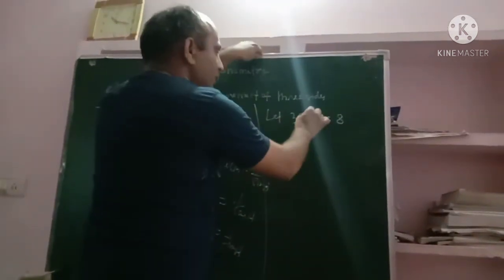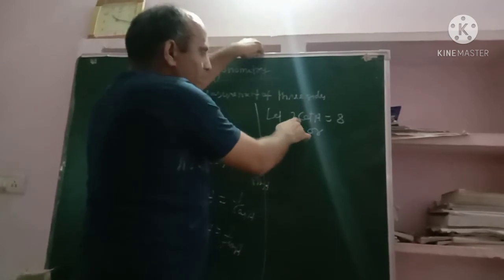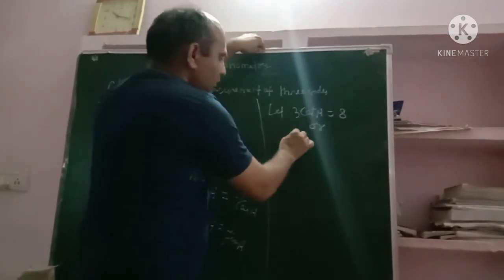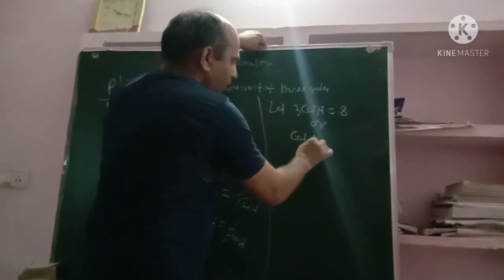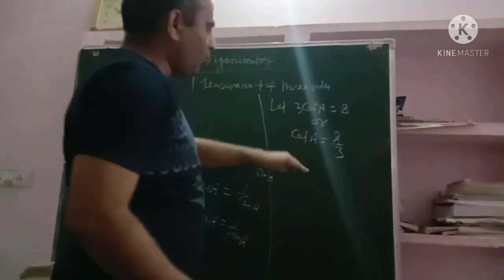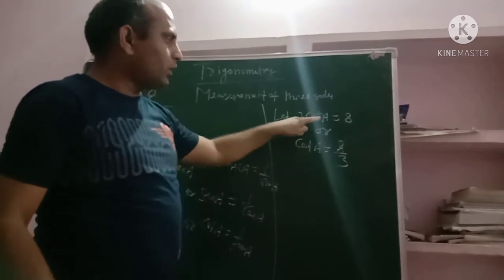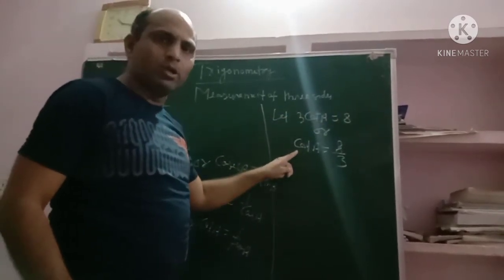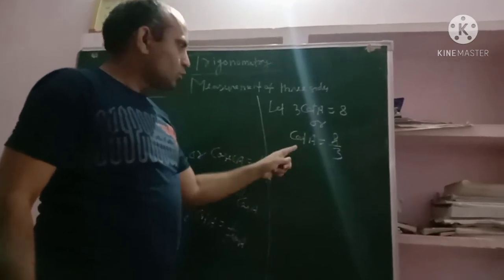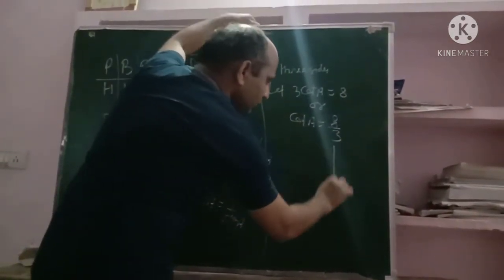The question is given either in this form or in this form, because 3 is the multiplier of cot A, so we can write cot A is equal to 8 by 3. These are the two forms in which the question is asked: 3 cot A is equal to 8 or cot A is equal to 8 by 3. So here cot A is given, so make a right angle triangle.